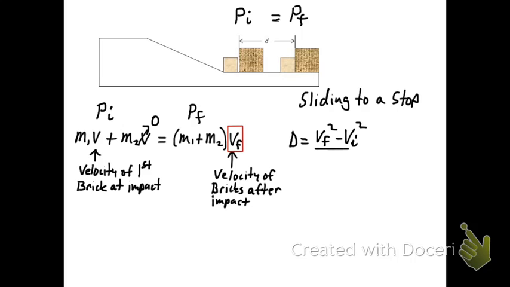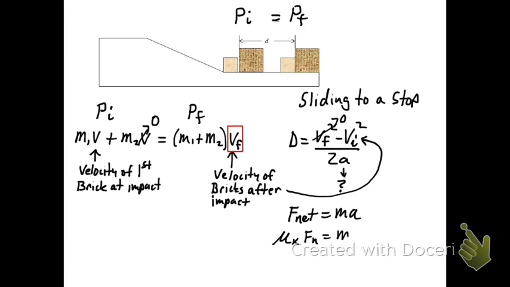One of the things we want to know is distance. So I can go back to this kinematics equation to compute the distance. The V initial is the same as the V final immediately after impact. Again, we have the problem of what to do for acceleration. Well, we go back to Newton's second law, F net equals ma.